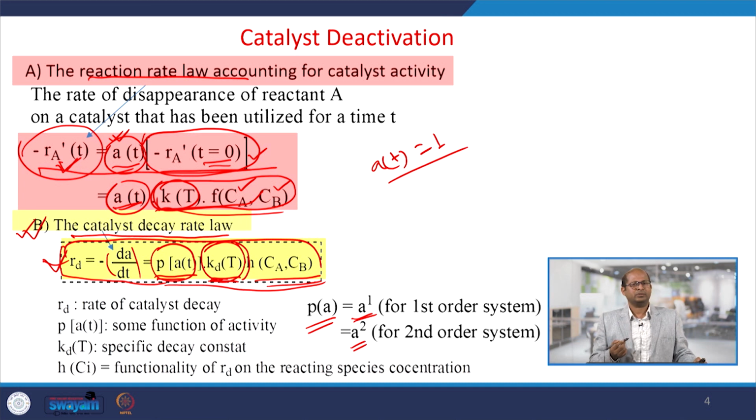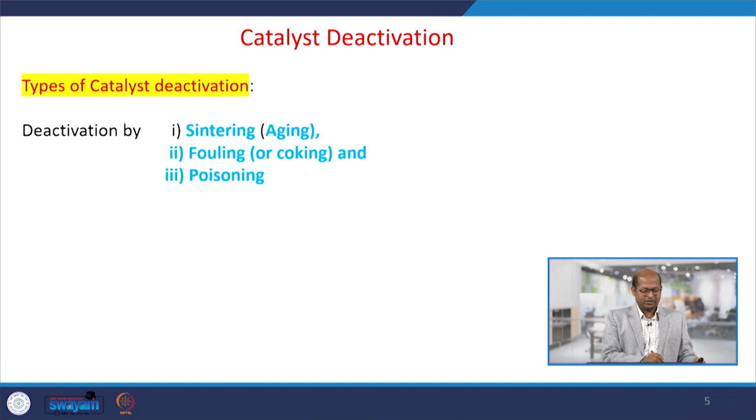Catalyst deactivation may also be first order, second order, or fractional order. Similarly, as we do for reactions, for the catalyst decay rate law we can express the activity this way. So, this is the rate law we discussed.